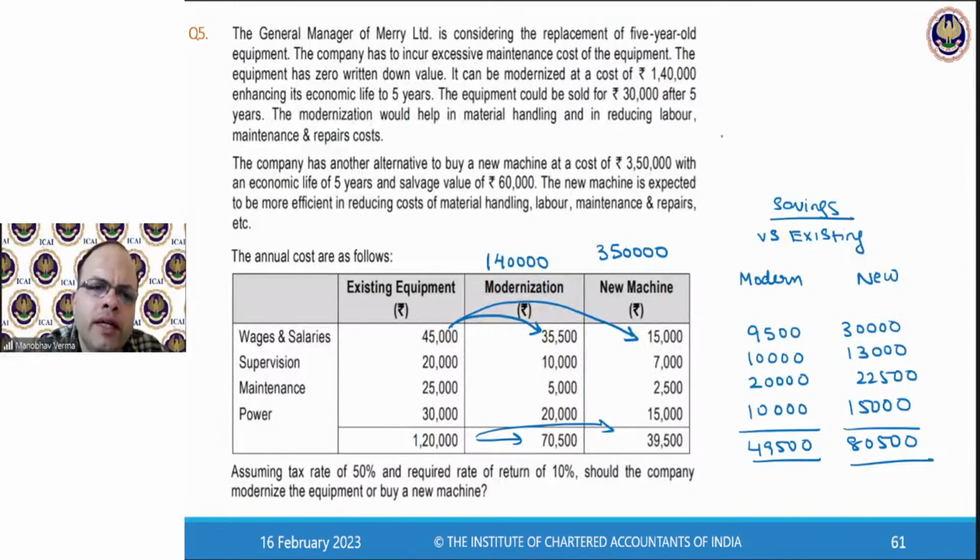Can you give me the depreciation for both the scenarios, modernization and new machine? Because we will have to see this net of tax, right? So what will the modernization depreciation be? Waiting for your answers in the query panel.